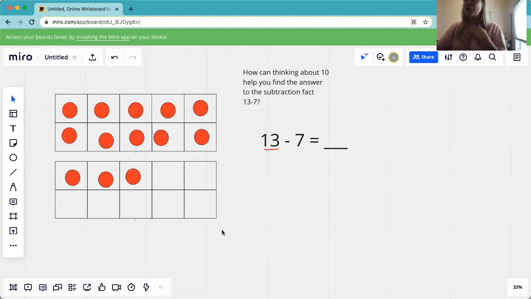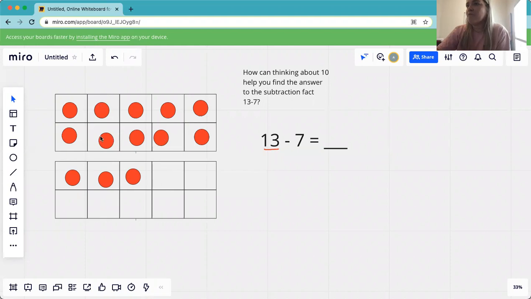Again, the 13 is my whole. All right, I'm going to make 10 now to figure out my subtraction problem. So how am I going to get my 10? Let's look at it. I have 3 counters on my bottom ten frame.